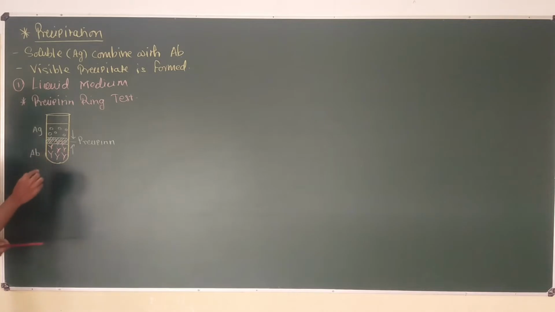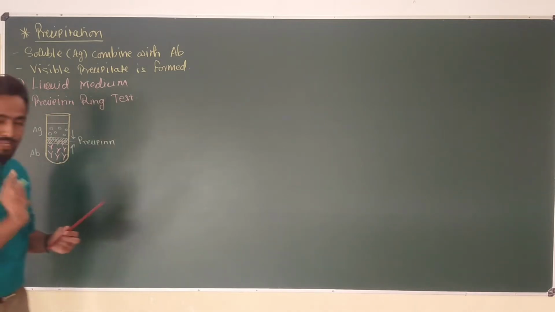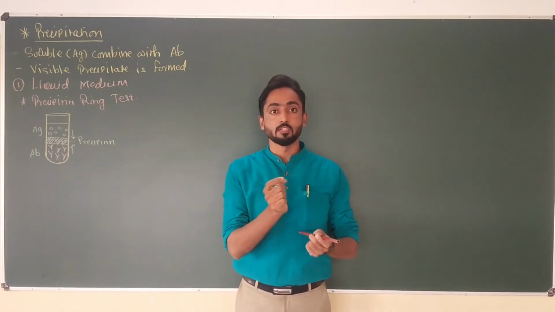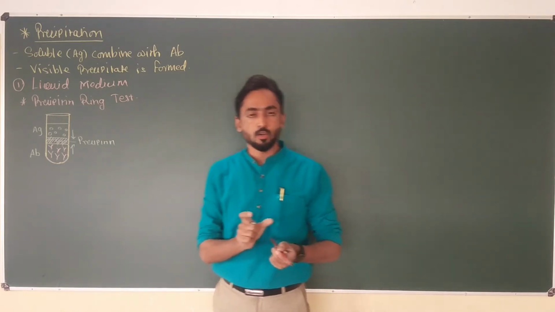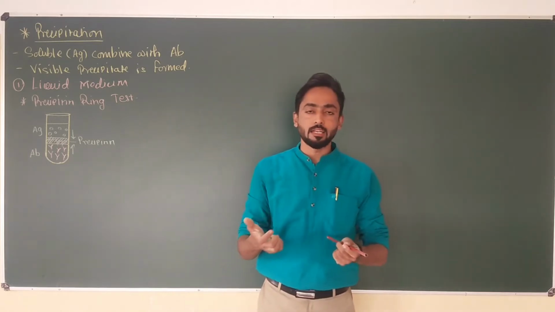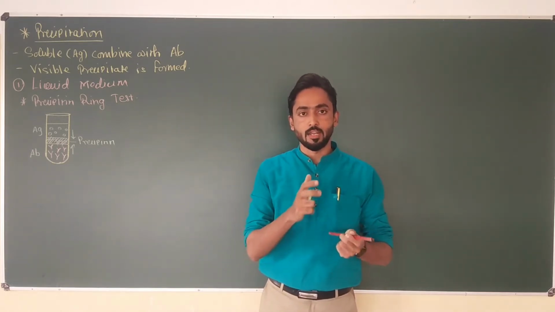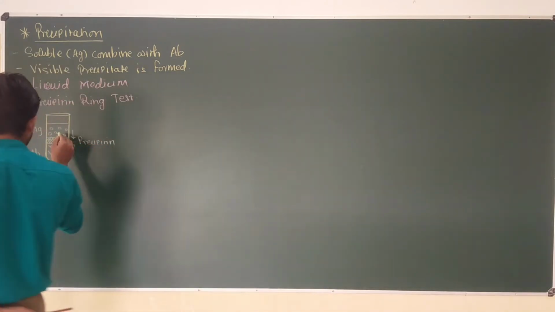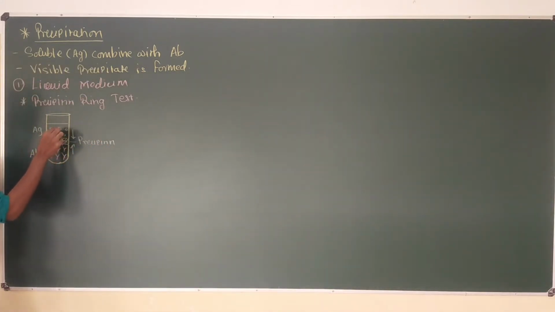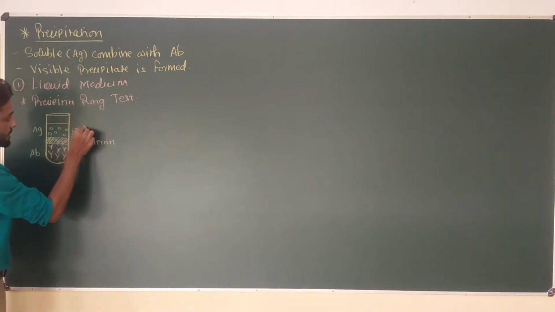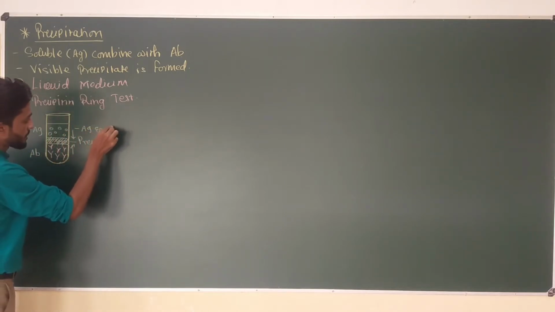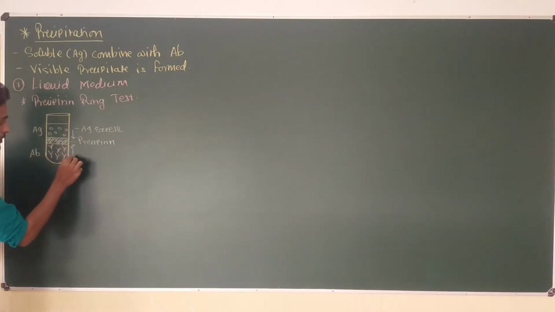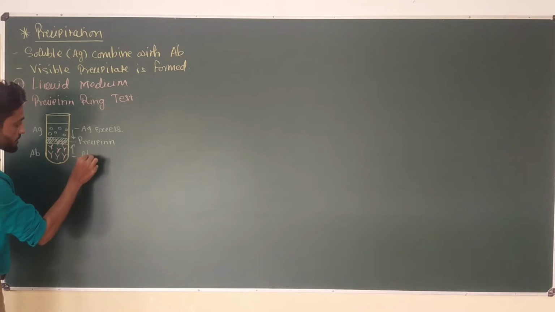In the last video I discussed that for any type of precipitation reaction, the concentration of antigen and antibody must be equal. The reaction cannot occur when the antibody or antigen is in excess. It is called the prozone or pre-zone. So the portion at the top of this tube contains antigen excess where the reaction cannot occur, and the bottom of the tube is the portion of antibody excess.